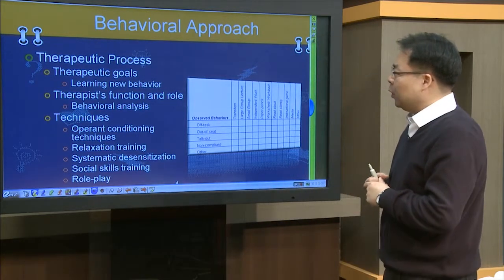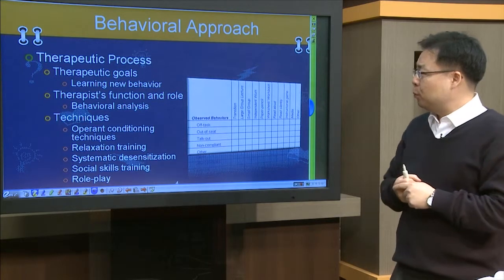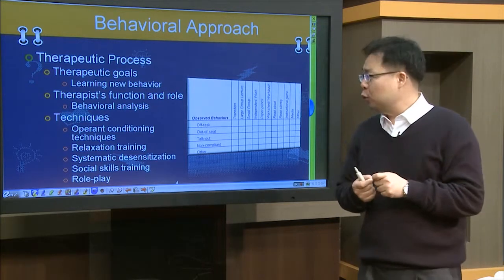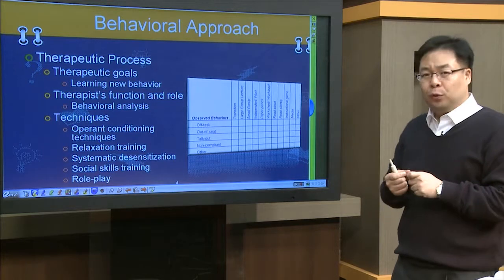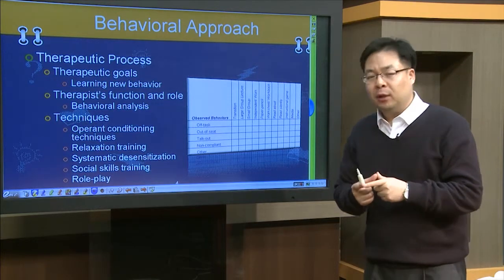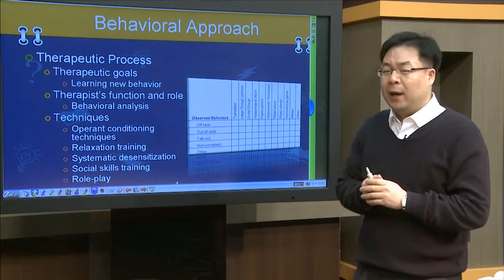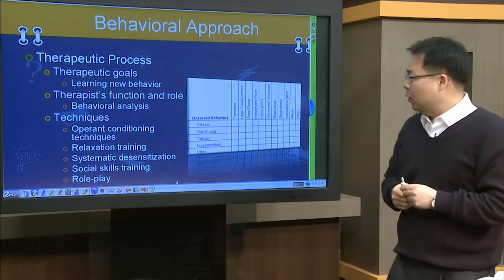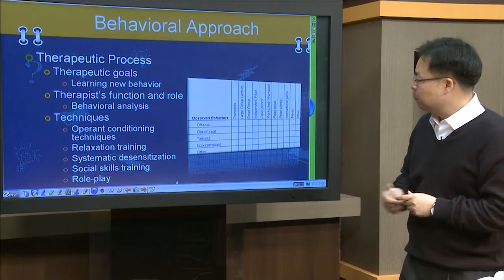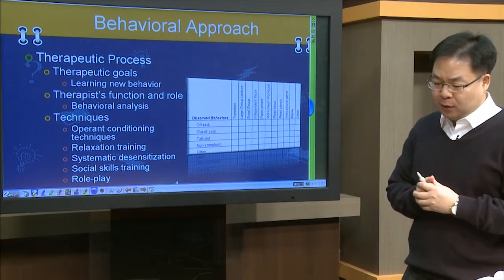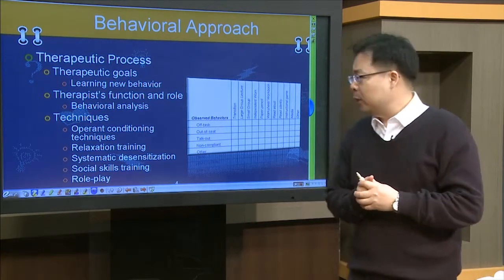So the therapeutic goal of this approach is to help the client learn new behavior. The therapist's role is to analyze behavior. If you look at this small table, it's a kind of behavior analysis chart.